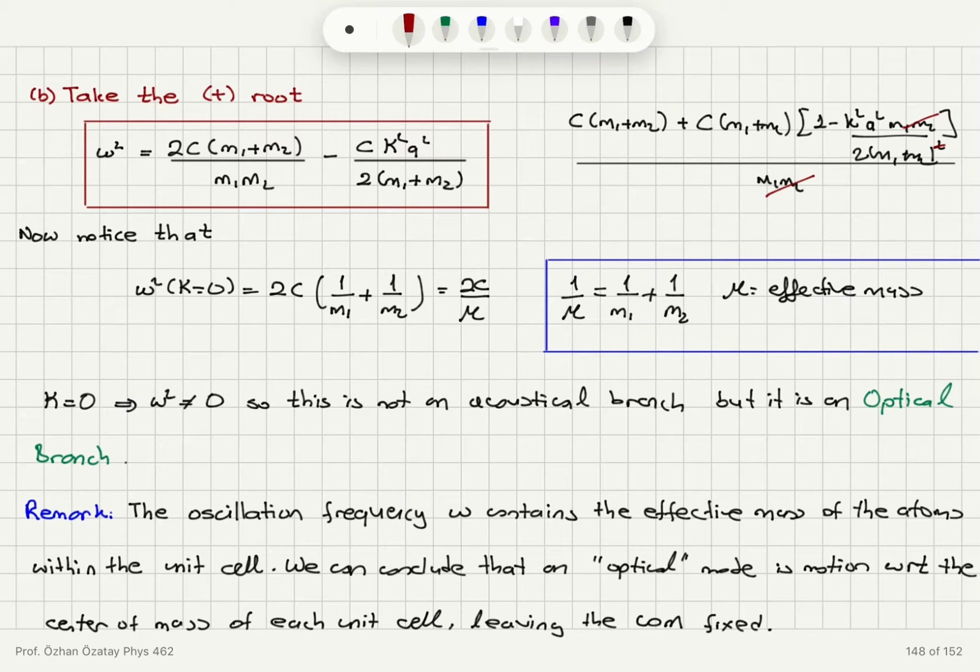We can conclude that an optical mode is motion with respect to the center of mass of each unit cell, leaving the center of mass fixed. So the optical branch is describing the motion of the atoms with respect to the center of mass. So in the diatomic case, we have an effective mass, 1 over mu, which is 1 over m1 plus 1 over m2. Now, so this is what I did to get this result.